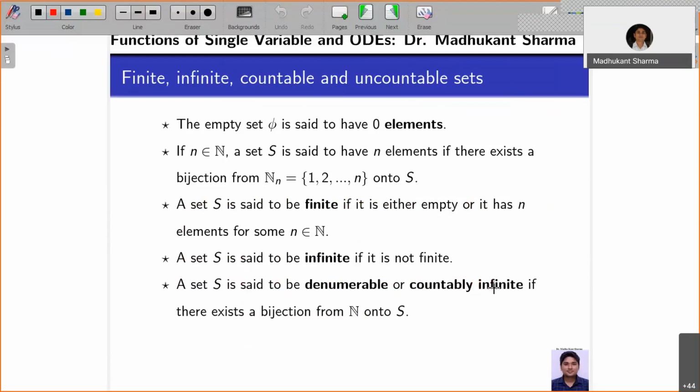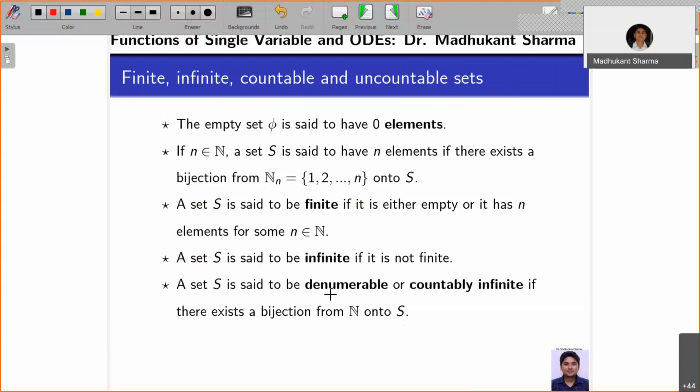Now a set is denumerable or countably infinite if there exists a bijection from N onto S. As I was telling you, if you let n tend to infinity, Nn tends to N. If you are able to find a bijection from the set of natural numbers onto S, the set is said to be countably infinite.